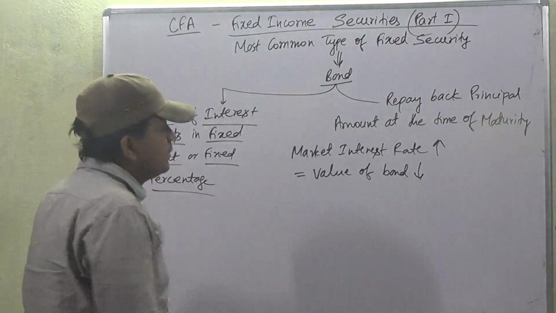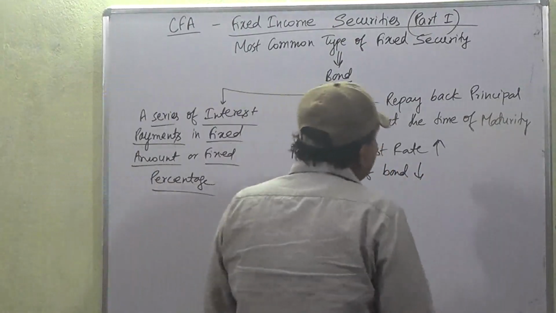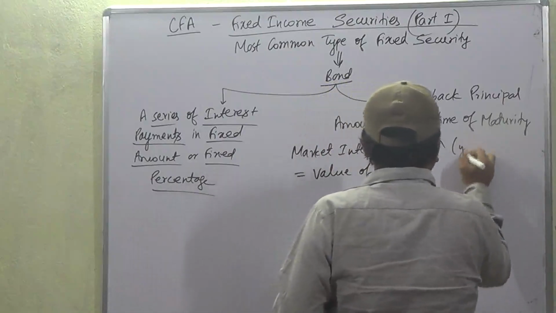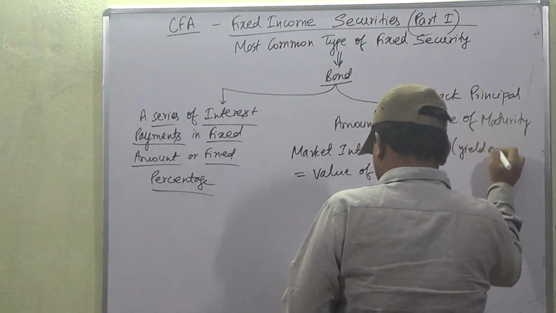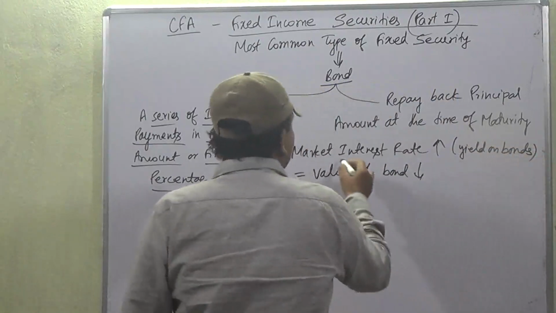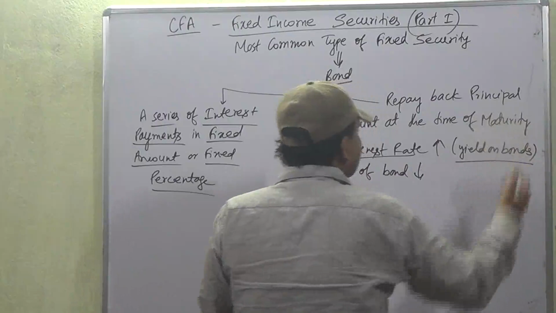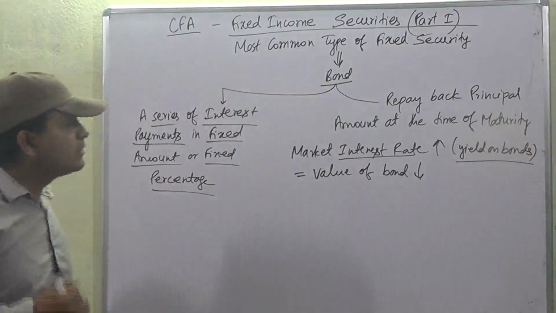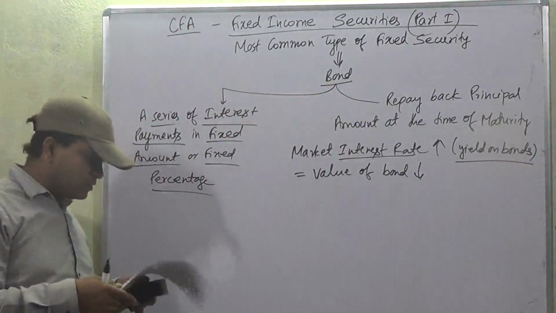One is increasing, the other is decreasing. You could say yield on bonds also; market interest rate or yield on bond, both are the same thing. When it increases, definitely the bond price decreases.